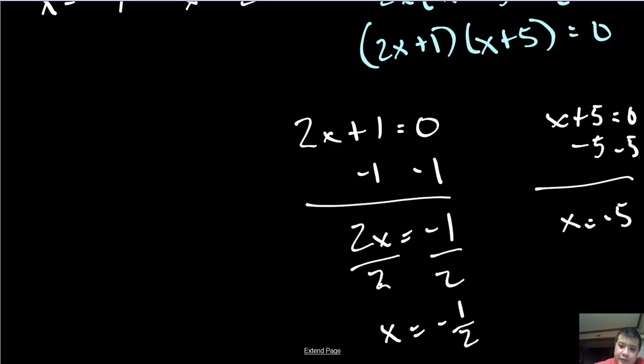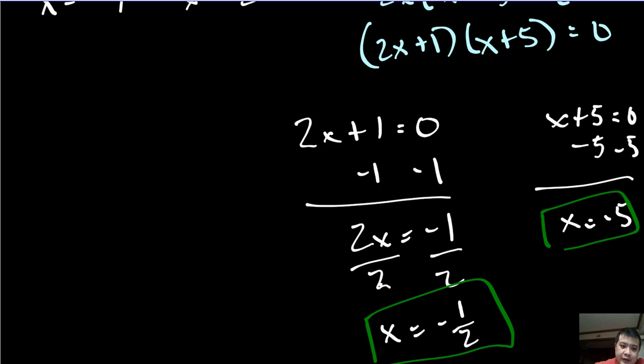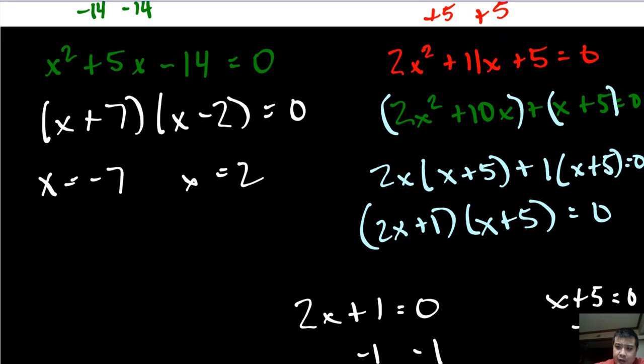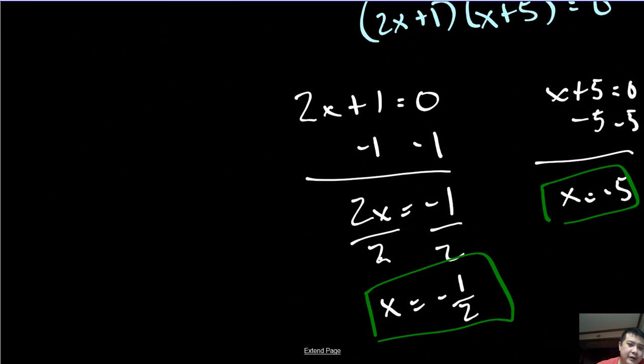What you should have found was that x equals negative 1/2 and negative 5. Because if we add 5 to both sides, we get 2x² + 11x + 5. And if we factor that, we get (2x + 1)(x + 5). And we set each one of those equal to 0 to get negative 1/2 and negative 5.